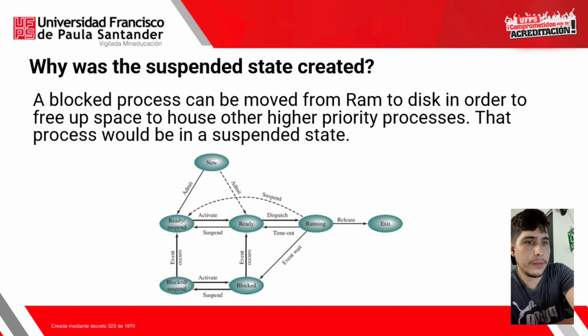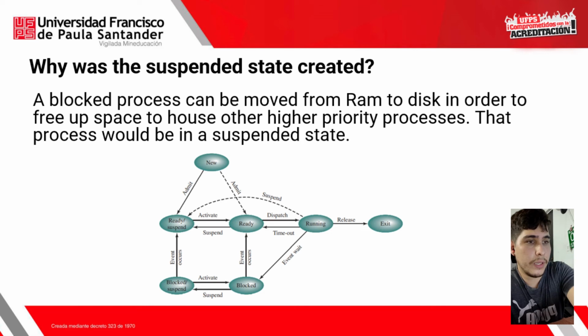Ready state to ready suspended state. Normally, the operating system would prefer to suspend a blocked process rather than a ready one, because the ready process can be executed, whereas the blocked process is taking up main memory space and cannot be executed.